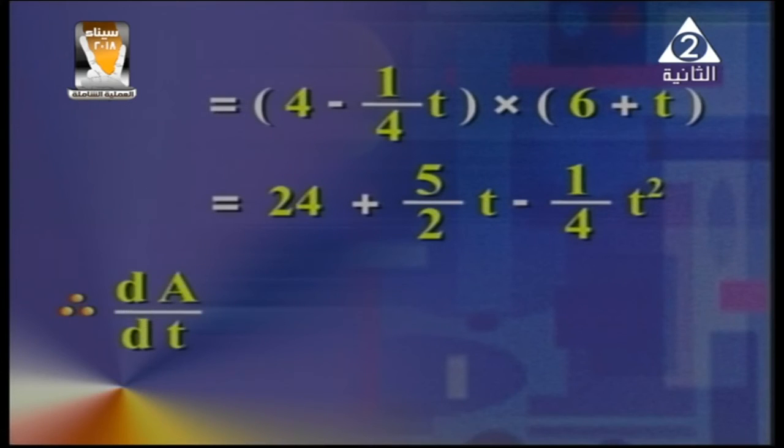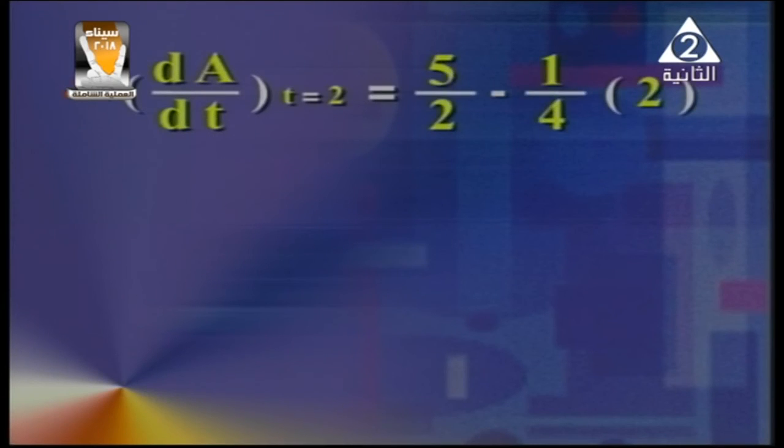Then by differentiation with respect to time t, dA over dt equals 5 over 2 minus half t. Remember, dear student, dA over dt means the change of the area of the triangle with respect to time t.